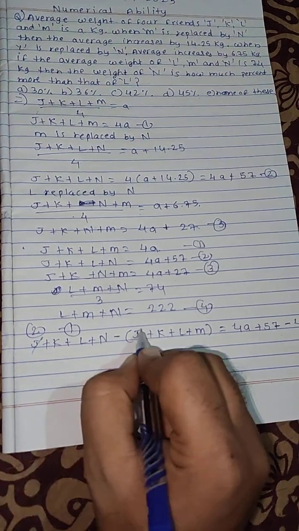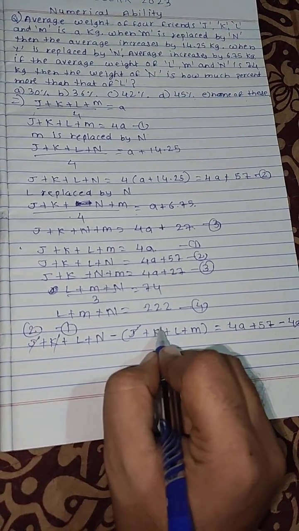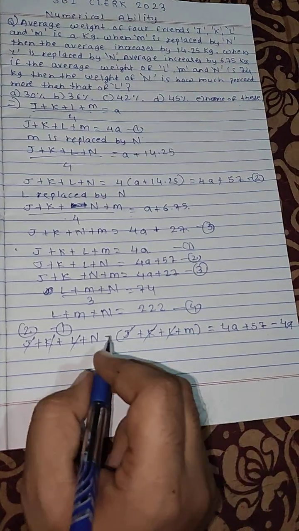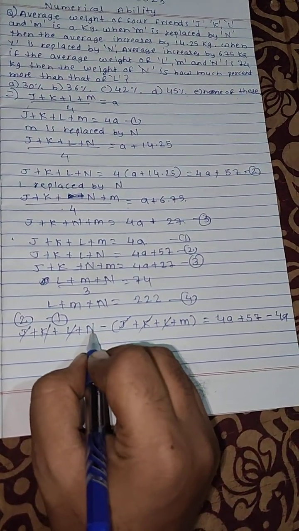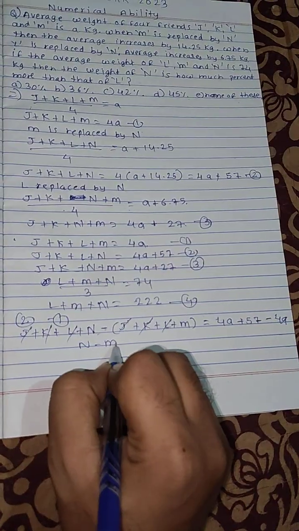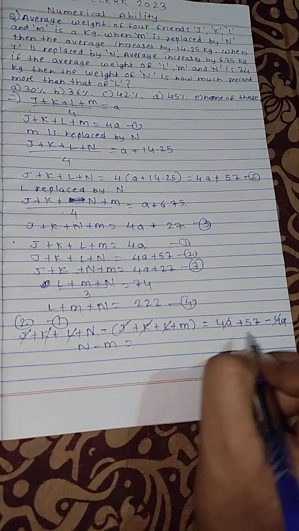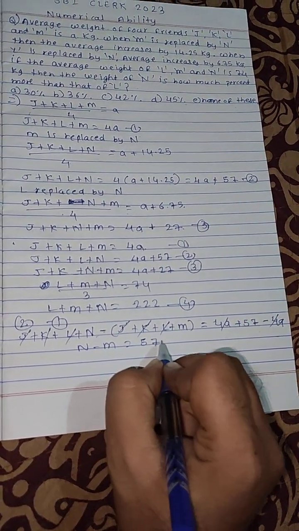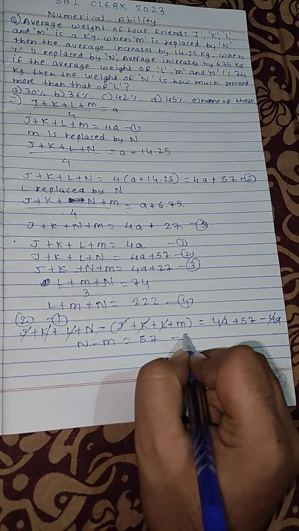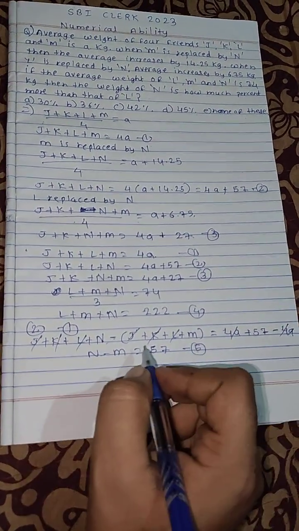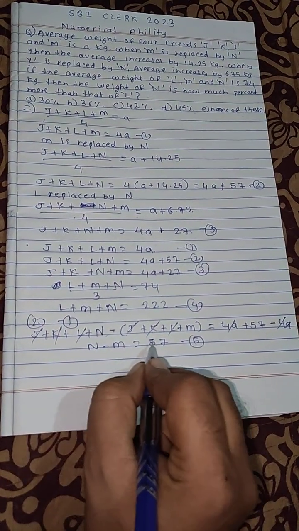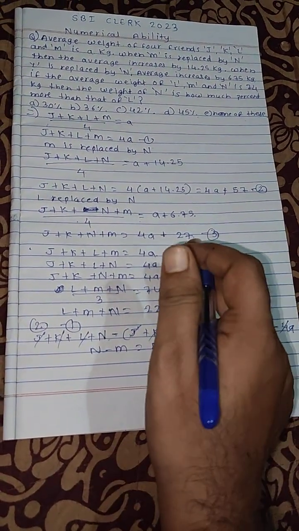Here J and J cancel, K and K cancel, L and L cancel, and we get N minus M. Here 4A cancels, leaving 57. So we have got N minus M equal to 57. We denote it as equation 5. We have found the relation between N and M as 57.